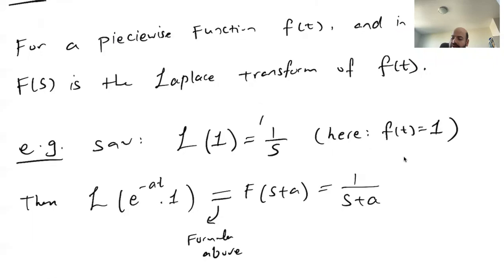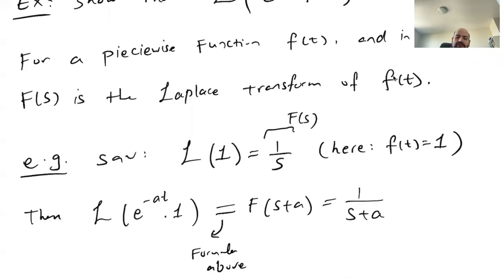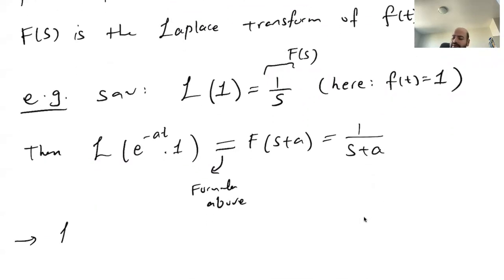If this is your small f of t, this is your capital F of s. So this formula says if I multiply small f of t with e to the power minus at, the answer will be capital F of s plus a. And if this is capital F of s, capital F of s plus a will be simply 1 over s plus a. So the Laplace transform of e to the power minus at is 1 over s plus a.